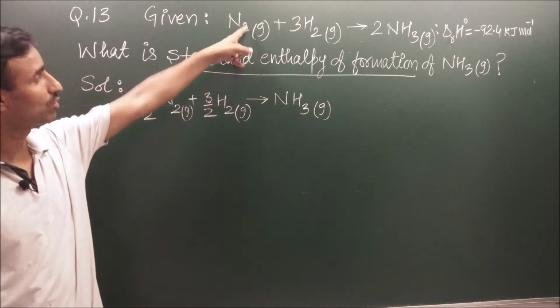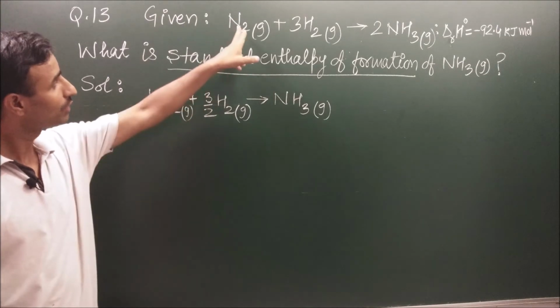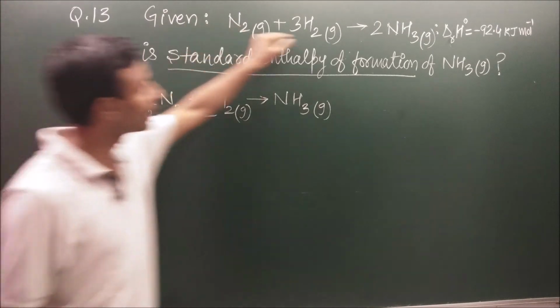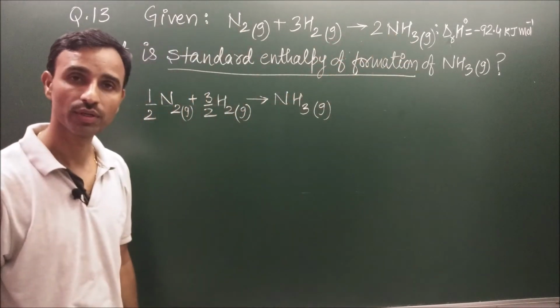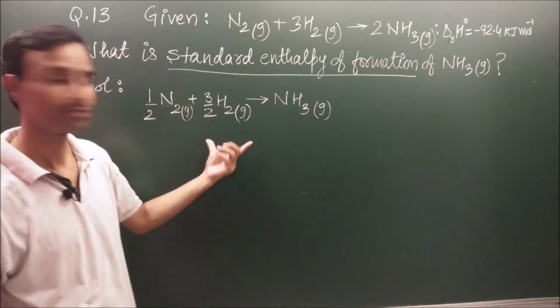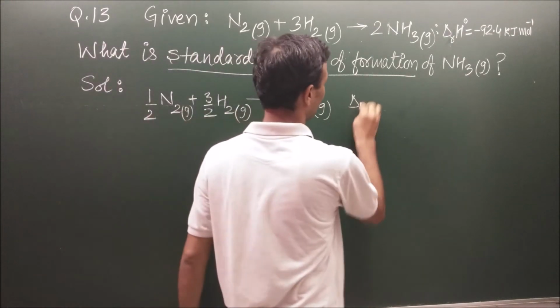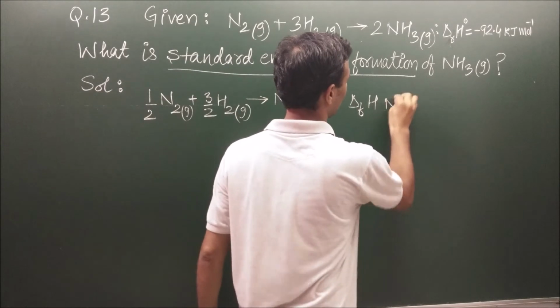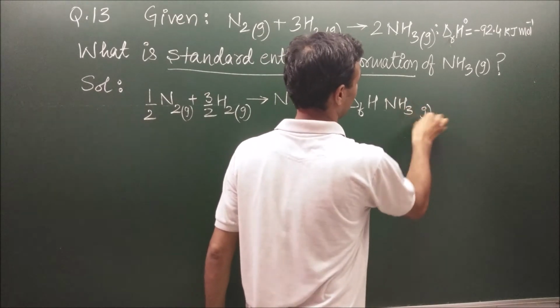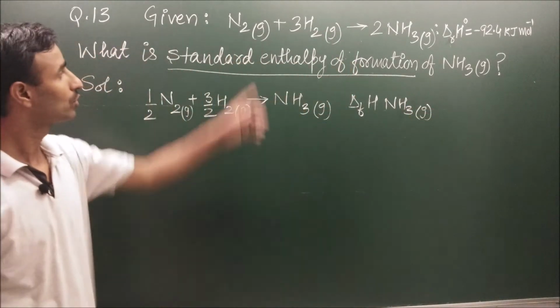Now compare this equation. If the given equation is divided by 2, we get this equation, and this is the enthalpy of formation of ammonia gas.